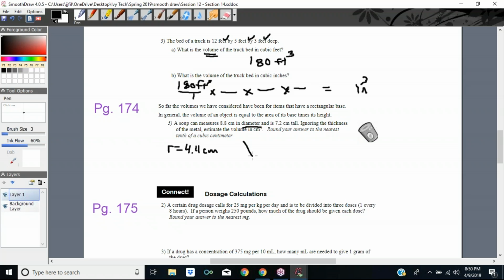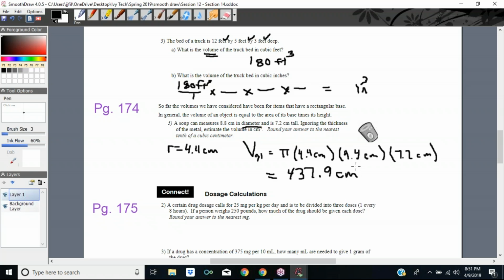So the volume of a cylinder is pi times the radius times the radius times the height, and that'll get us the cubic inches. And when I threw it in my calculator, I got 437.9 or 438 cubic inches.